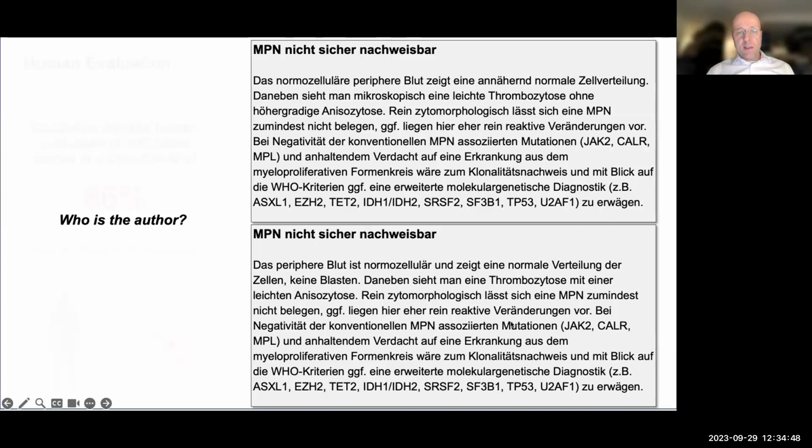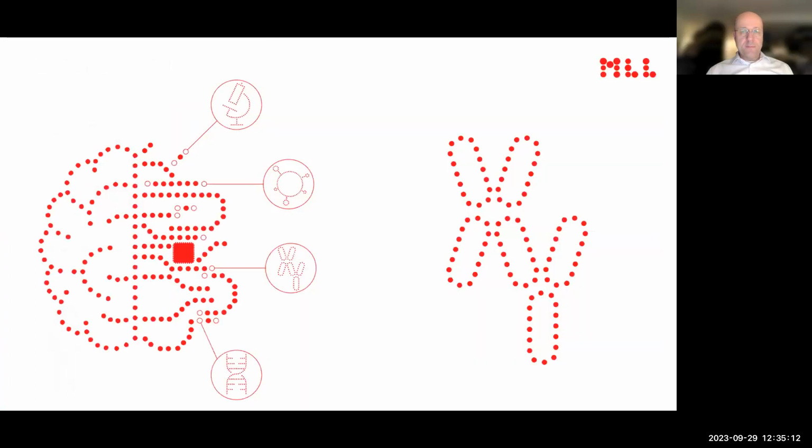Basically, you cannot judge which of the two texts has been automatically written and which one has been written by a human. The content is essentially the same. So this is another area of integrated automated diagnostics, which will for sure have more room in the near future.